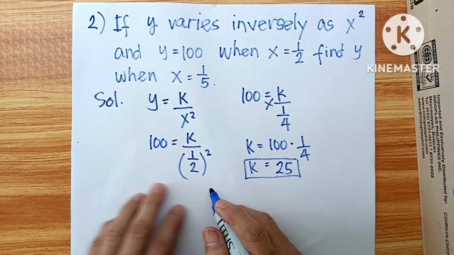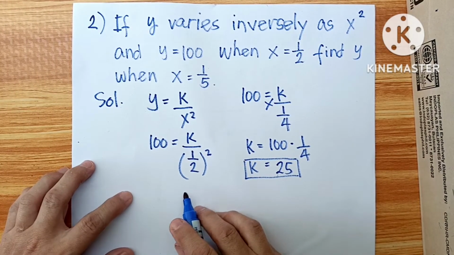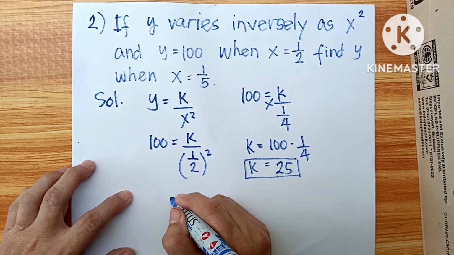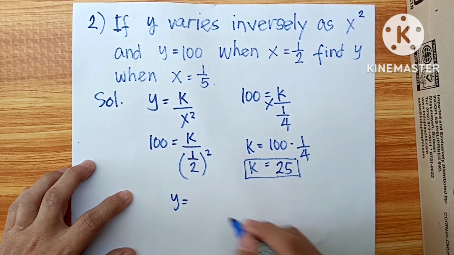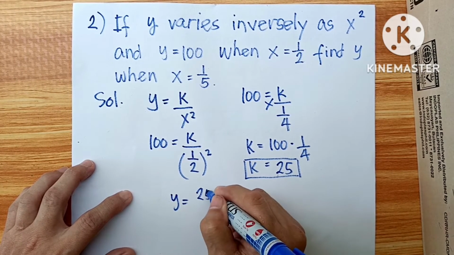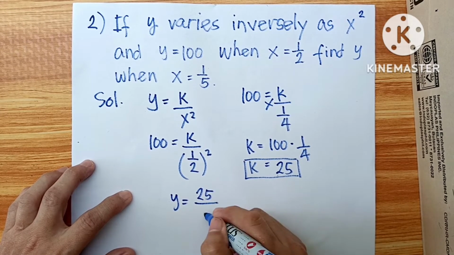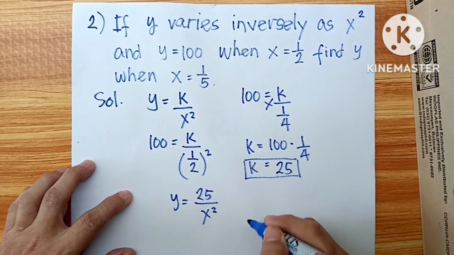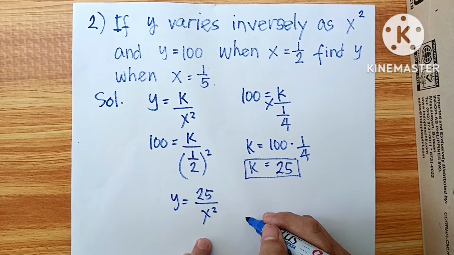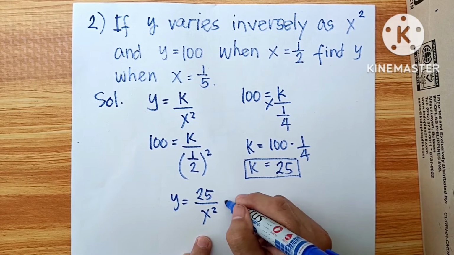So what is the equation of the variation? y is equal to 25 over x squared. Now let us solve for y when x is 1/5.